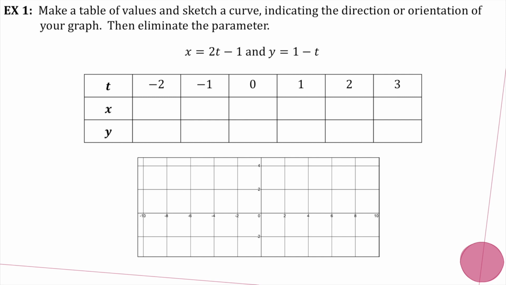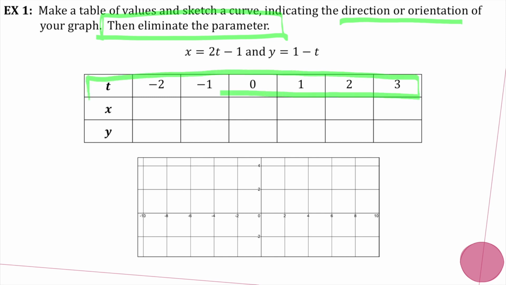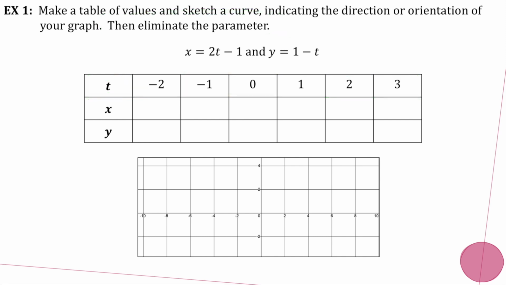For example, make a table of values and sketch a curve indicating the direction or orientation of your graph. And then, this is interesting, we're actually going to eliminate the parameter. So if you look at this chart, we've got various values of t, or time, that we're going to plug in. We'll start with t equals negative 2 and plug that into the x equation, and you get negative 5.